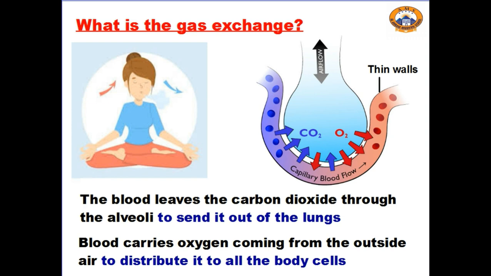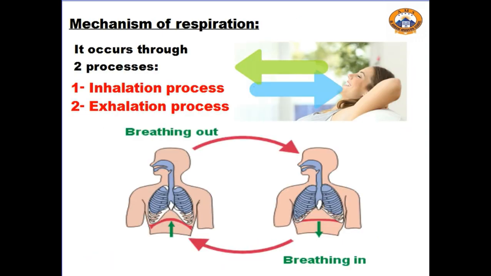So we understand now from this that the respiration process occurs in two stages or two processes. The process where we breathe in and another process where we breathe out. The first process where we breathe in is called the inhalation process.